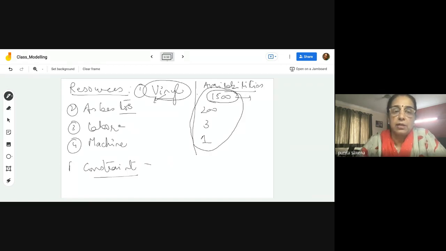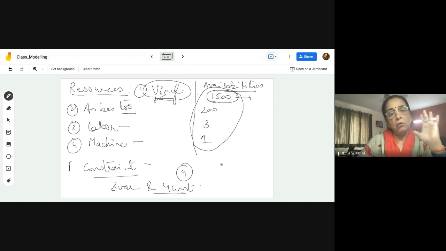Similarly, asbestos, labor, machine time, and so on. So basically, I'm going to have four constraints here. So now I have a problem which has three variables and four constraints. Okay, so one thing is clear in my mind. This is how the variables and the constraints are going to be, right?